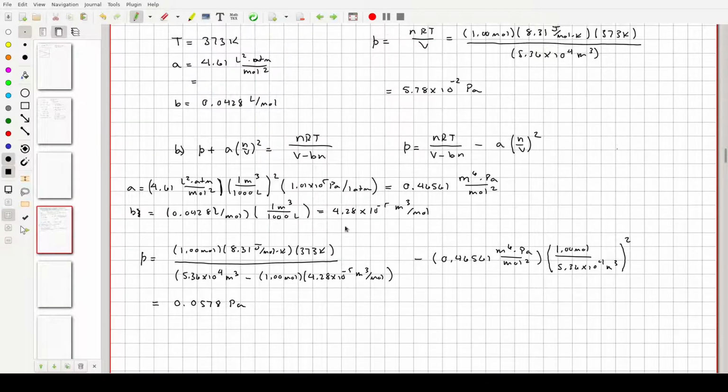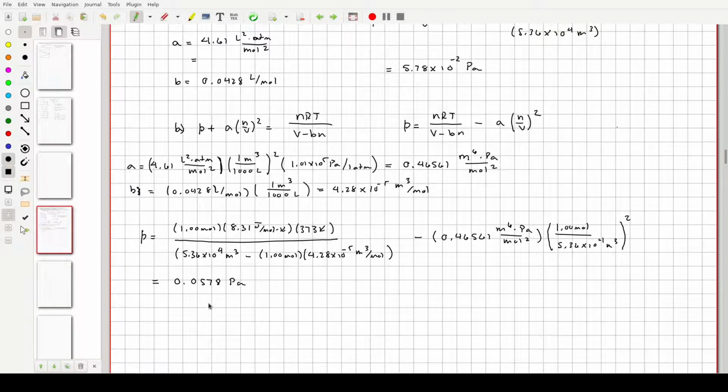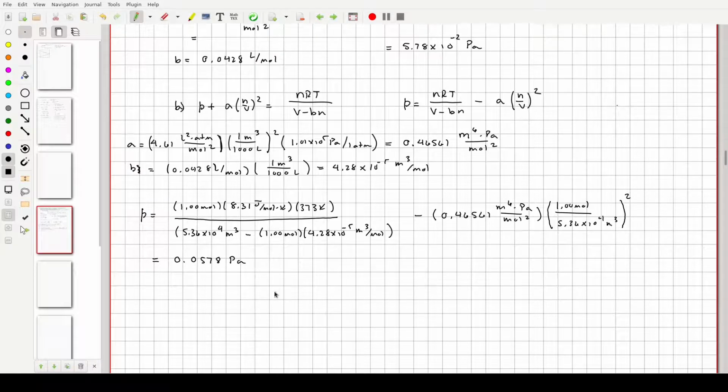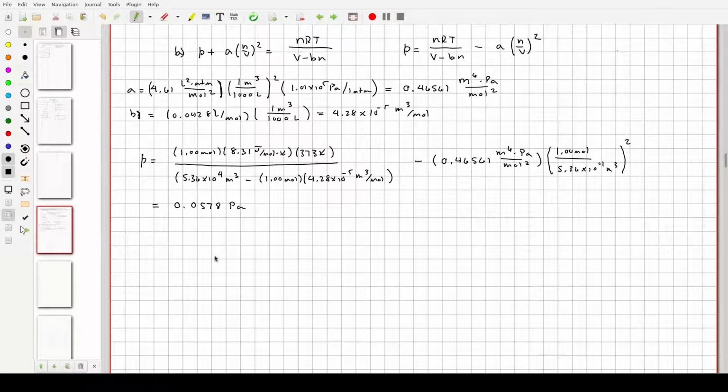So, if you take a look here, it's the same. This is 5.78 times 10 to the second. But let me just, out of curiosity, write this all the way out. So I get 0.0578289,178 using this.